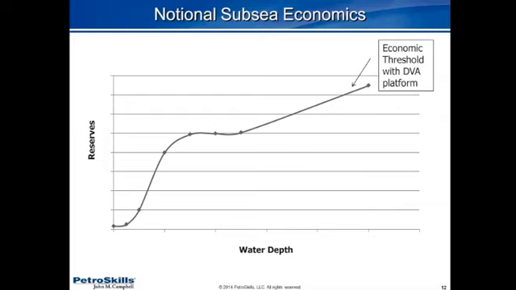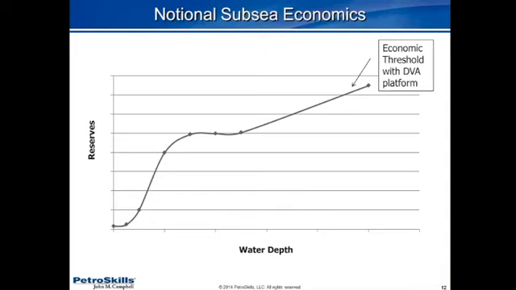So as we move to the right in this schematic to deeper water, the cost of a platform, DVA platform, becomes high. The reserves, or the amount of oil and gas that can be produced from the reservoir on the left, increases the ability to spend capital and still have profitable or economic development.